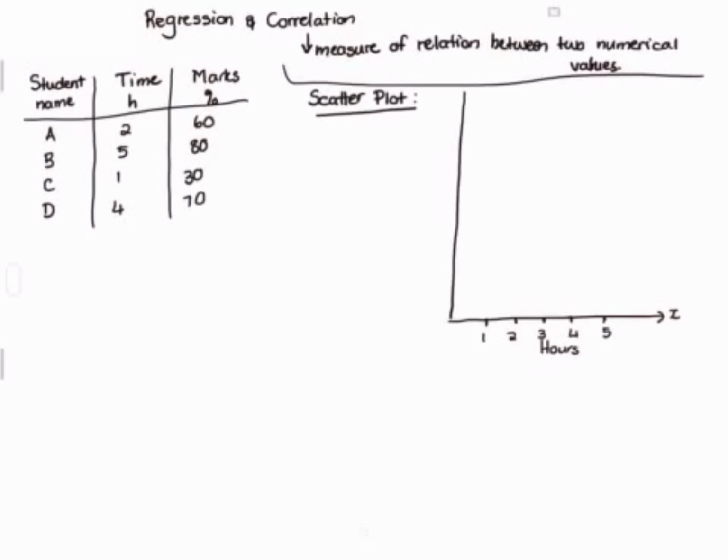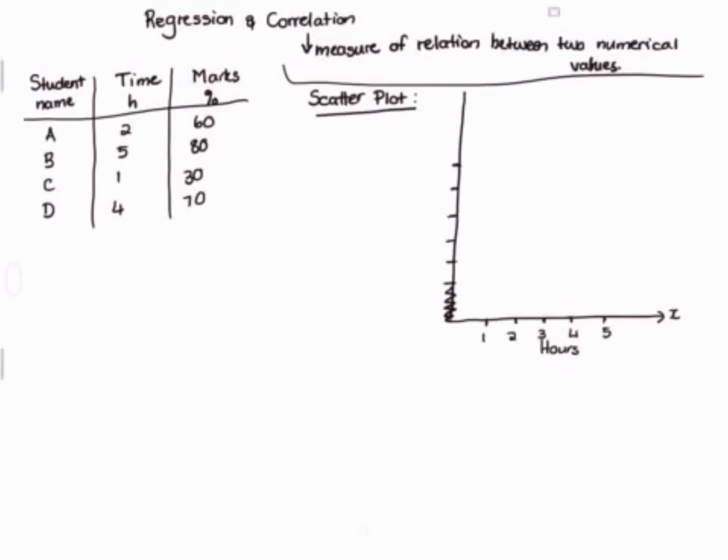Now what you can do, I see my lowest mark was 30%. So instead of starting at zero, I want to start at 30, 40, 50, 60, 70, 80, but you can see this bottom part is not to scale.